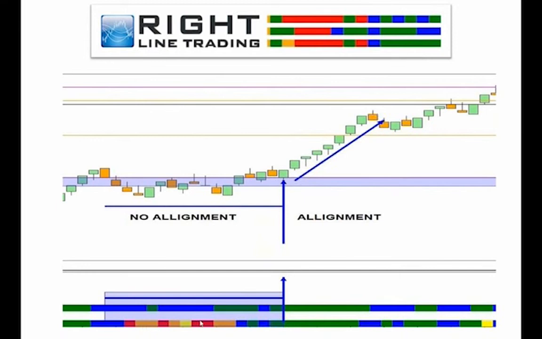So when there's an overabundance of sellers, but momentum is to the upside, you have to just step aside and not trade. When these come into alignment, and you don't know which way they're going to come into alignment, maybe that momentum rolls to the downside and you're going to take a short trade. But when they do come into alignment right here, that's where the trend begins.